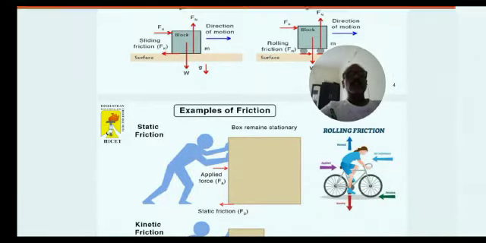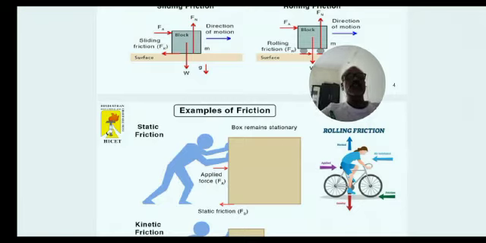Next, examples of friction. First, static friction: when the applied force is given, the box remains stationary because the applied force and the static frictional force are equal. Rolling friction: the bicycle is the best example. The total weight acts vertically downward at the centroid point, and normal reactions are there.